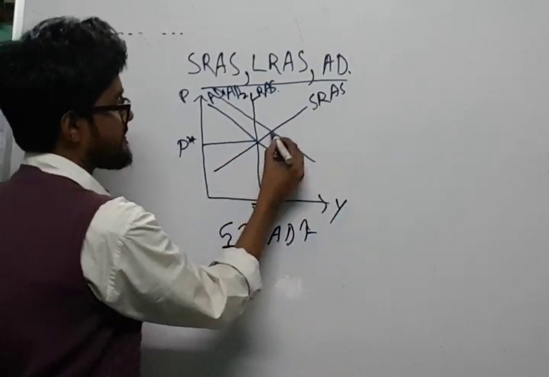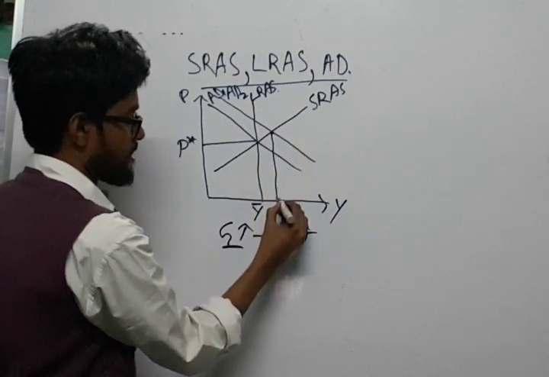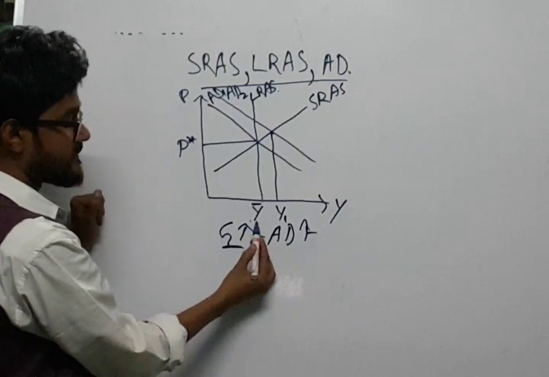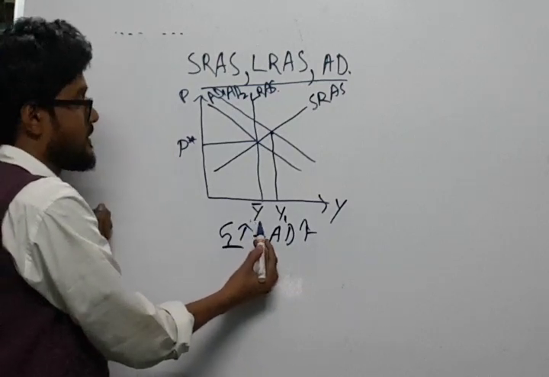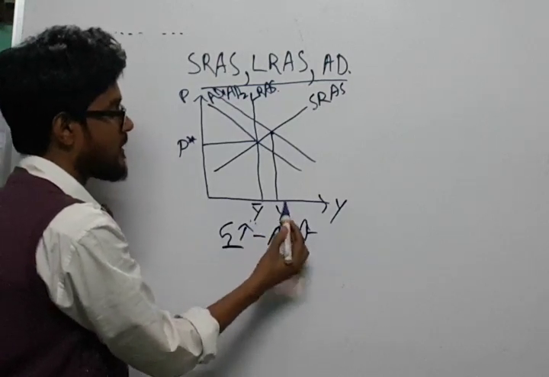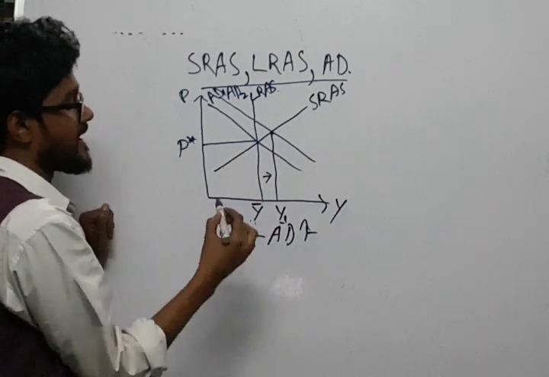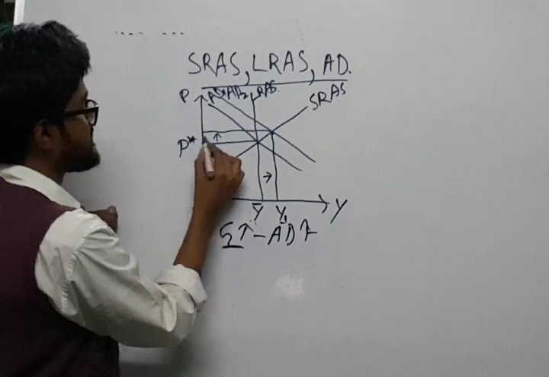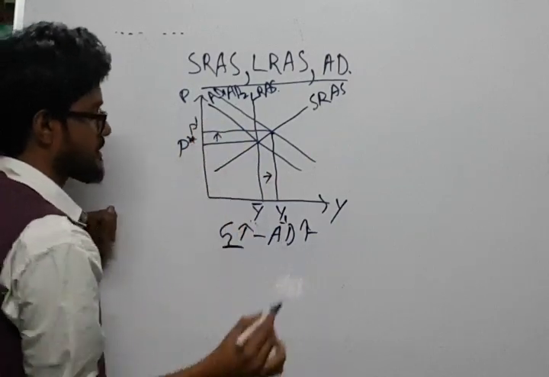At this level, as you can see, the income has increased from Y bar, the natural rate of output, to Y1. And also the price level has increased from P star to P1.